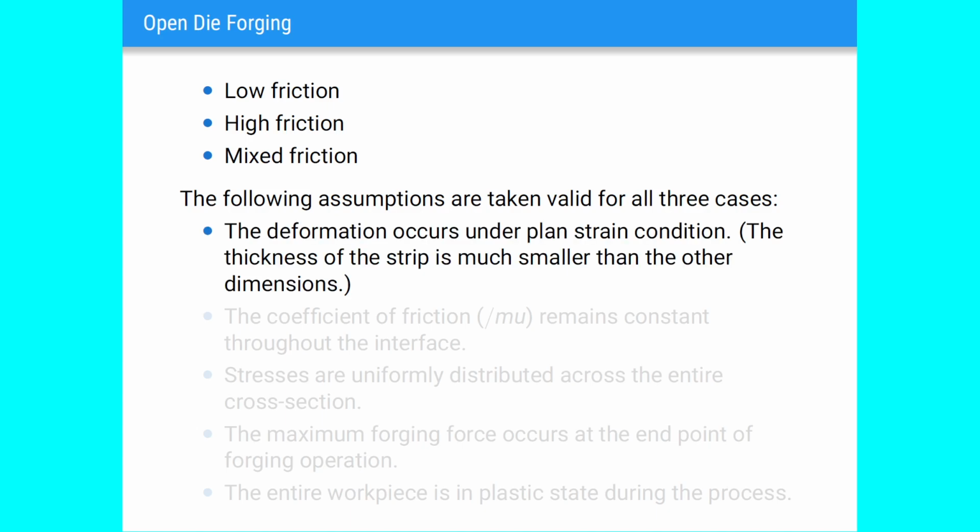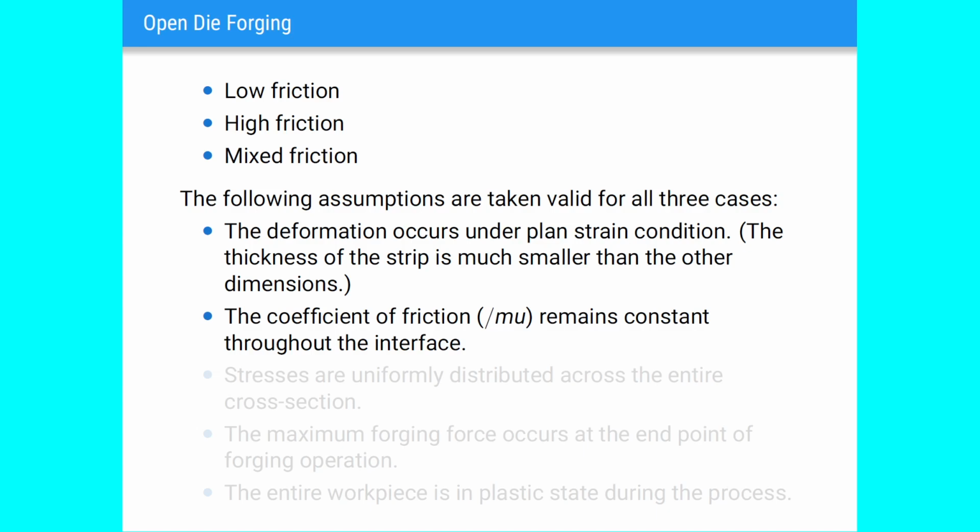The first assumption is that the deformation occurs under plane strain conditions. That is, the thickness of the strip is much smaller than the other dimensions. Okay, that is the first assumption.